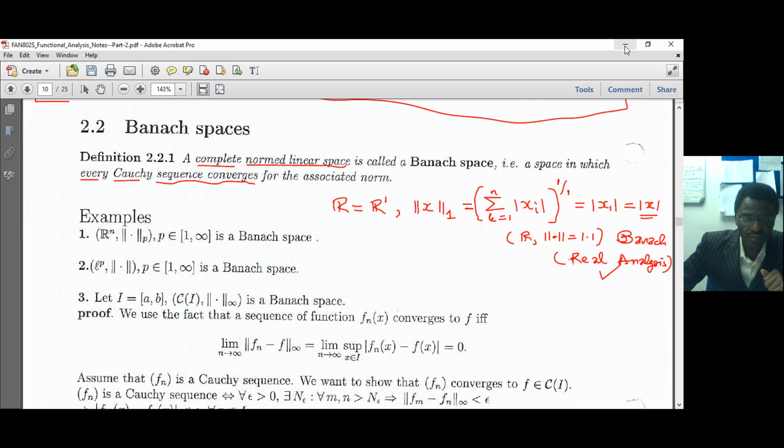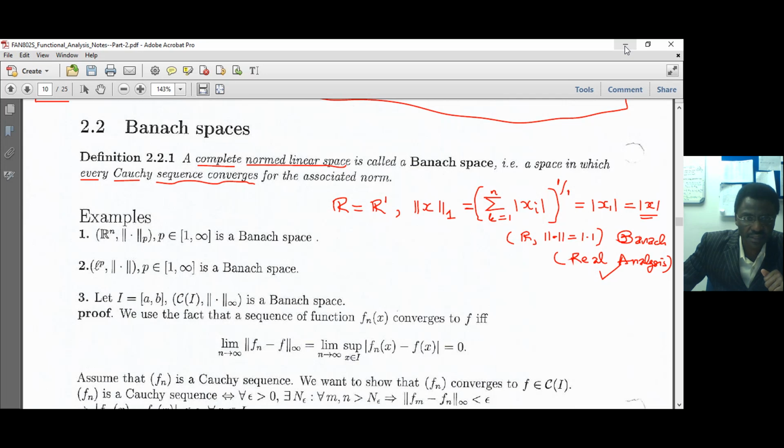Okay, I'm checking one of the notes here. This one is about metric spaces. I want to find out if what I want you to learn is there. Complete spaces.